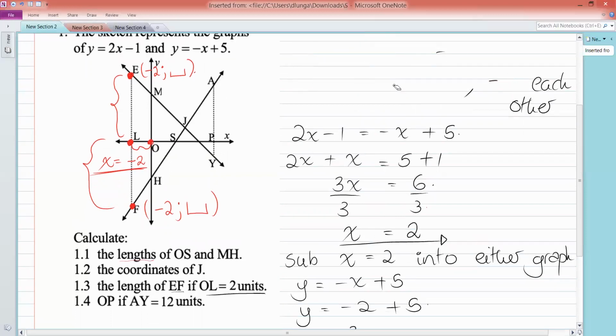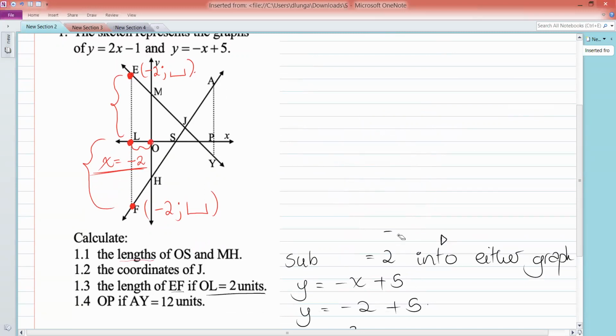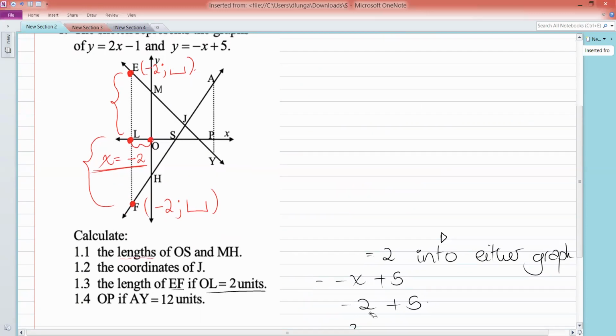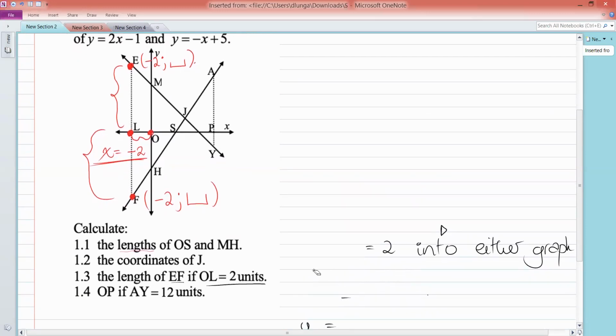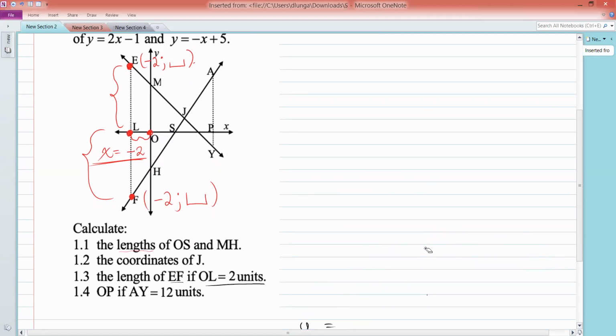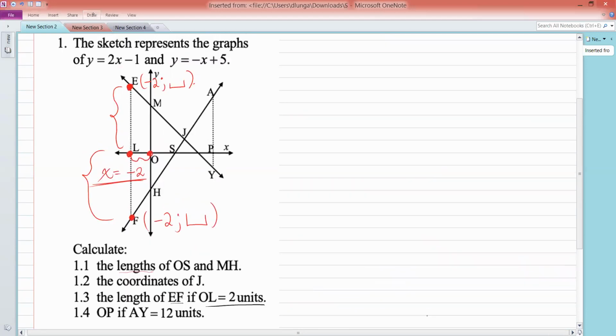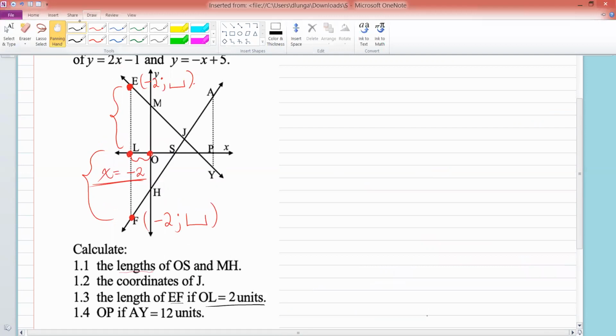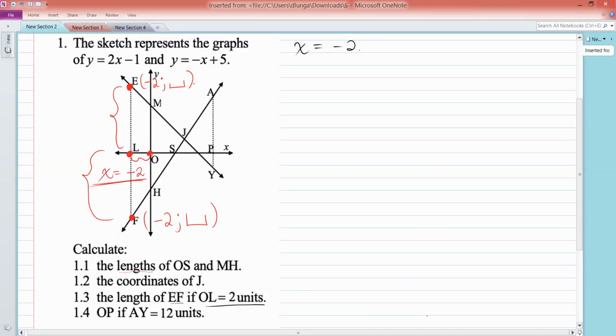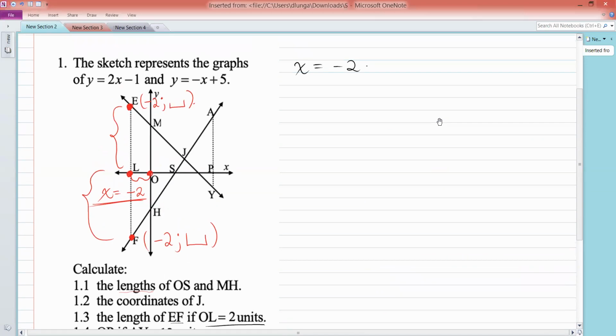All right, so first things first, you guys tell me what I should do. So I know that x is equal to -2, right? So what am I going to do with that -2 value? Where should I plug it in? You can substitute in the second equation. Perfect. So sub x equals -2 into the equation y equals -x plus 5.